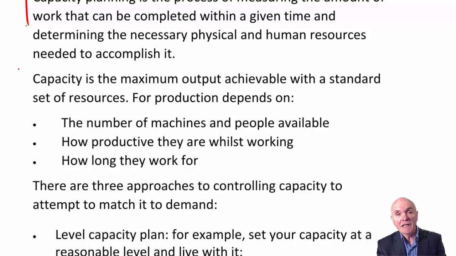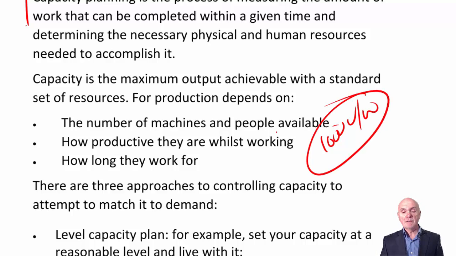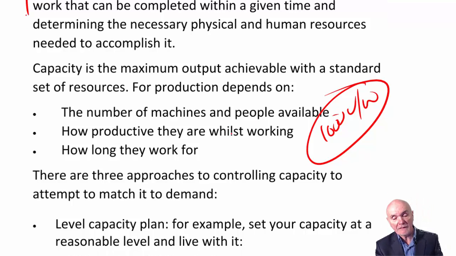Let's say we have a capacity here of 1,000 units per week. We're constrained by the number of people, the number of machines, how productive we can be, and how many hours a day we can expect people to work. But it all ends up being 1,000 units per week.